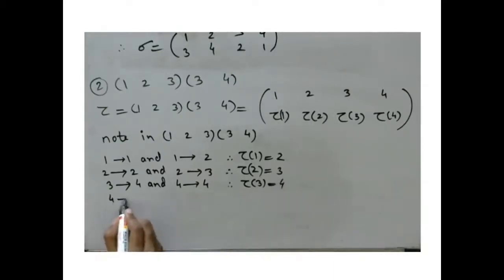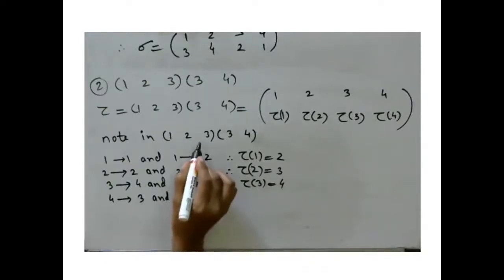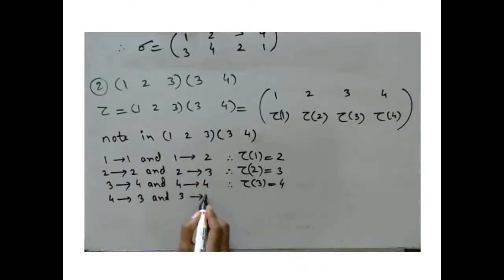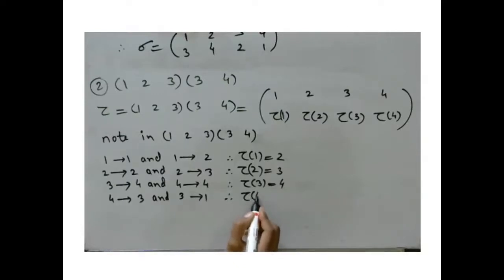And lastly, here 4 maps to 3, and in the next cycle 3 maps to 1. So therefore tau of 4 is 1, and hence the cyclic permutation tau in standard form will be 1 mapping to 2, 2 mapping to 3, 3 going to 4, 4 going to 1.